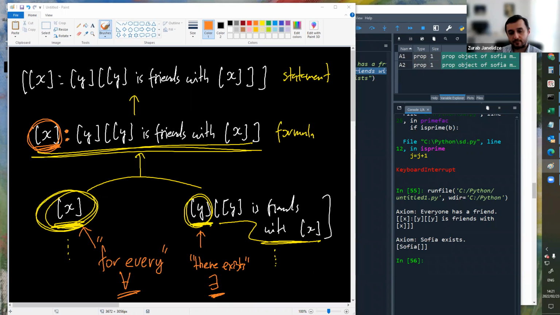And secondly, basically converting that proposition, everyone has a friend, into Sophia formalism. What's the second question? I didn't understand that. So basically, we have to write the proposition first and then convert it to Sophia's formalism. Well, it depends which formalism is more natural for you.